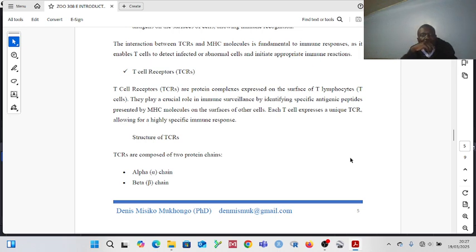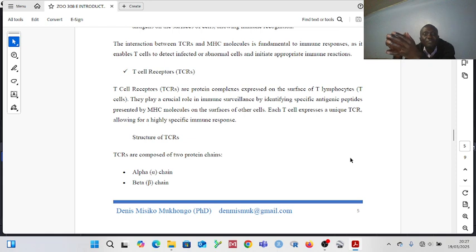So T cell receptors are found on the surface of T cells. Their function is they help surveillance, ni kama kuangalia, kuzunguka, to check. So the T cell receptors help in checking, in moving around to identify any antigenic peptides that are presented by MHC molecules.